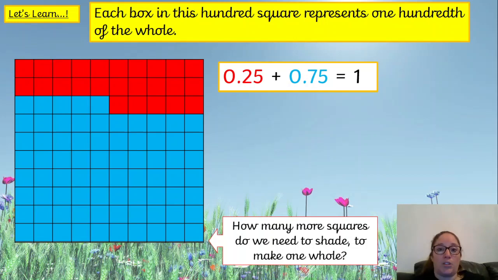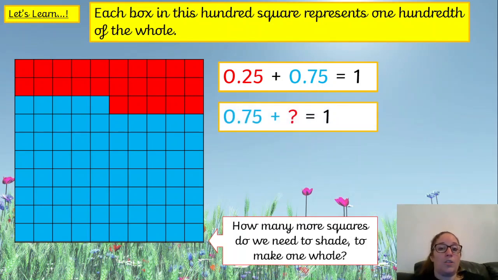So 0.25 plus 0.75 equals one whole. We know that 25 plus 75 is 100. Okay, so this is less than 1, so it's 0.25 plus 0.75.